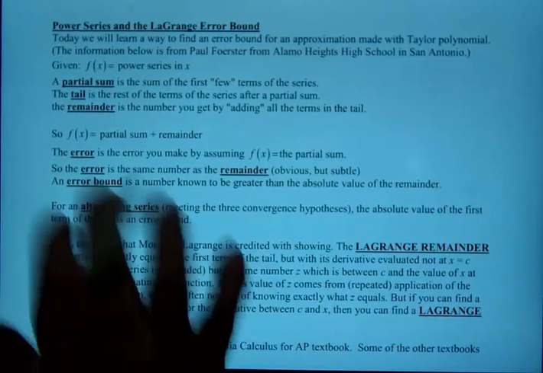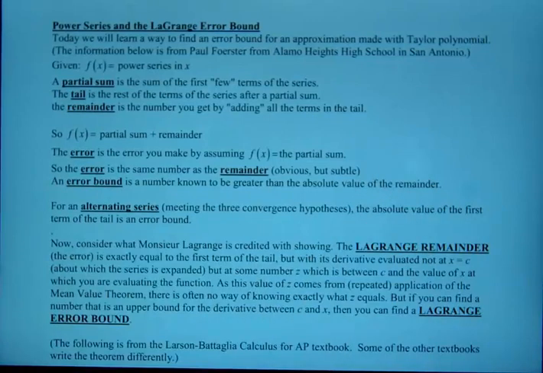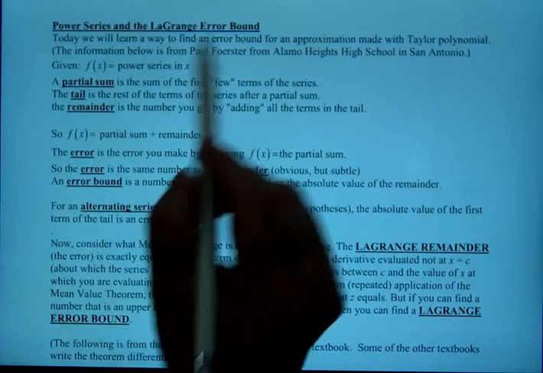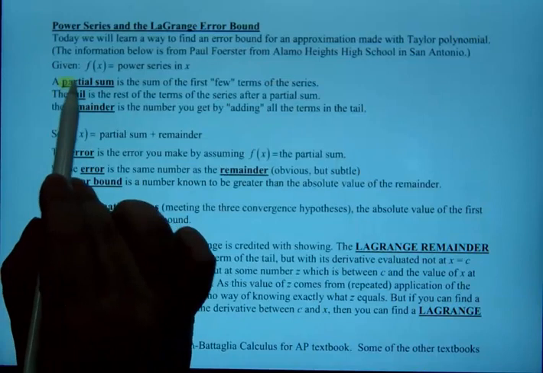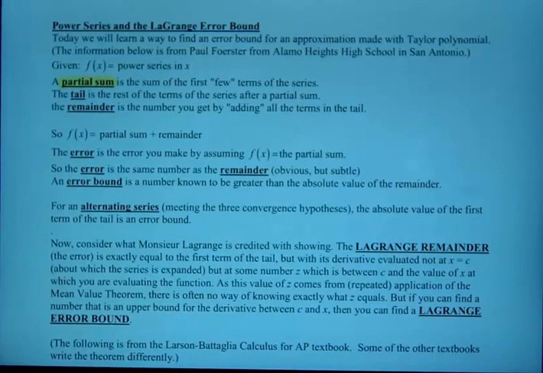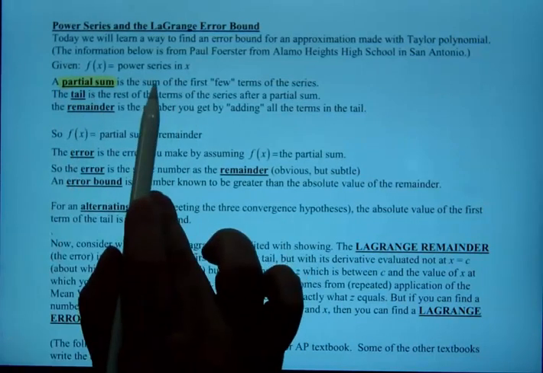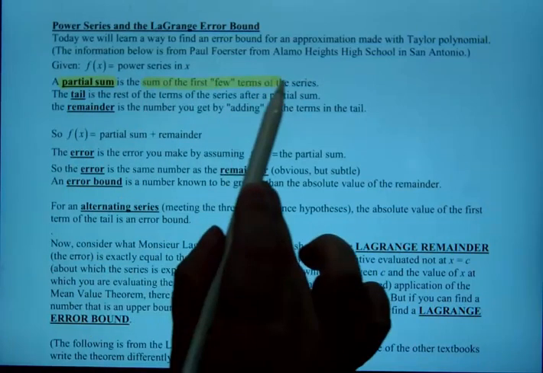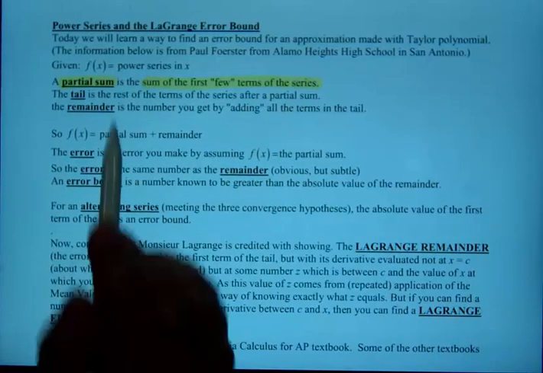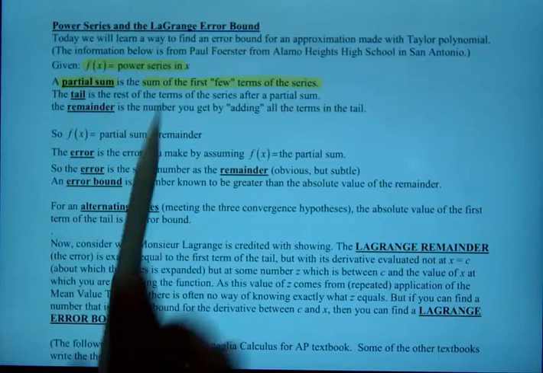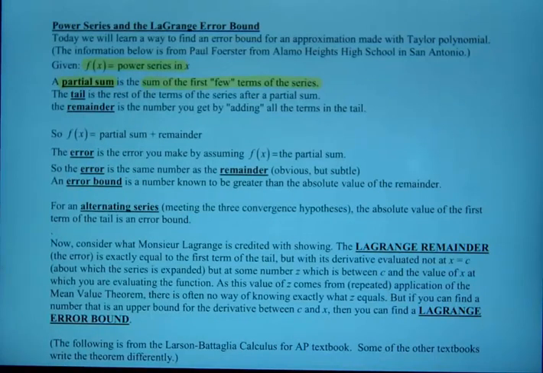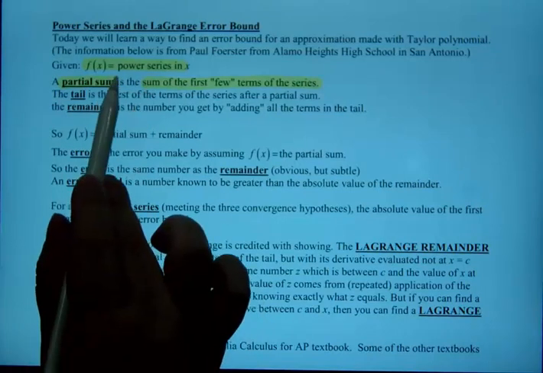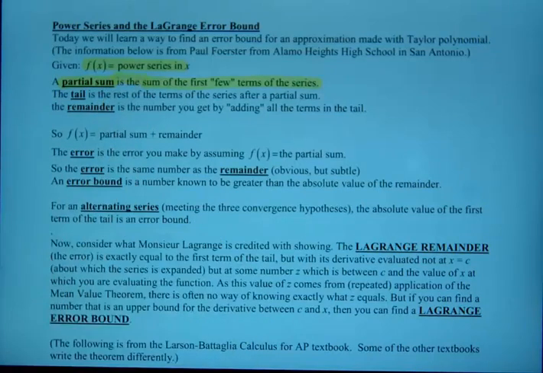Okay? So let's talk about the vocabulary that he came up with to help this make a little bit more sense. First thing, some of this vocabulary we've been using all along. A partial sum is the sum of the first few terms of a power series. I kind of skipped over this. F of x is a power series. Okay, so you have some general power series that goes to infinity. A partial sum is the sum of the first few terms, however many, say 4, 5, 6, whatever.